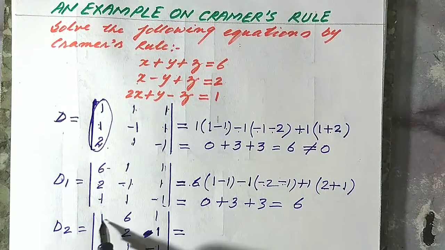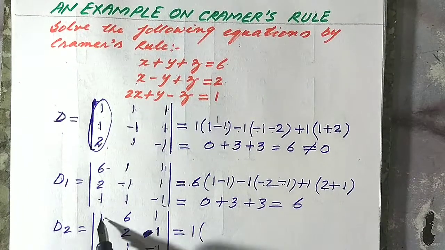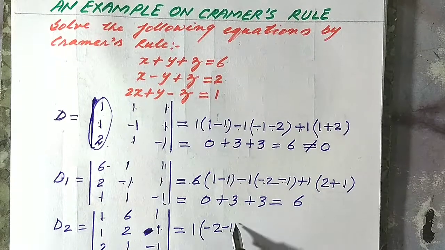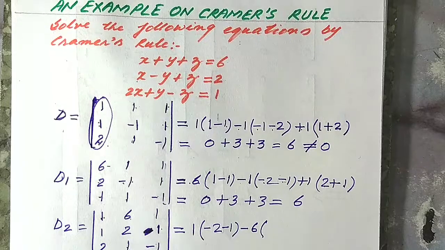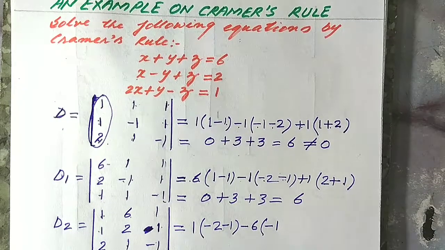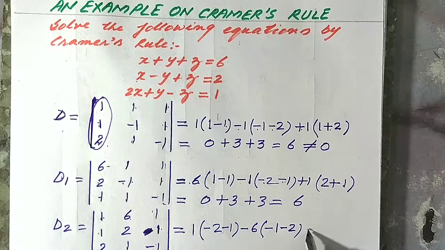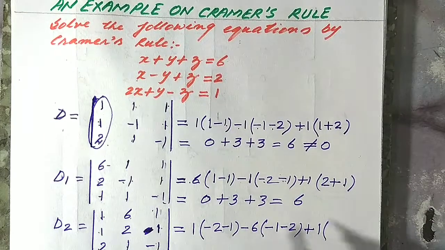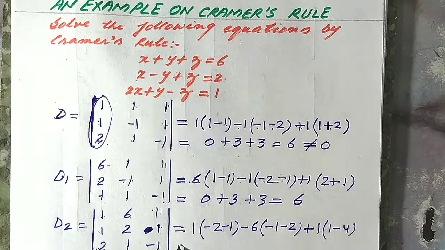So just evaluate this. 1, first element, and this column and this row vanish, and cross multiply minus 2 into minus 1, and the next element should be taken with the negative sign. 6, this column, this row vanish, minus 1 minus 2, then the next one with the plus sign, 1, and this column, this row vanish, 1 ones are 1, and 2 twos are 4.